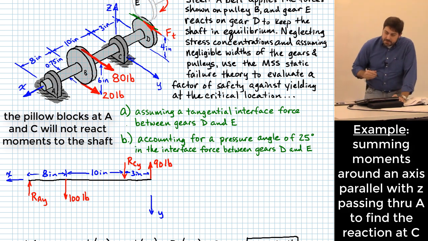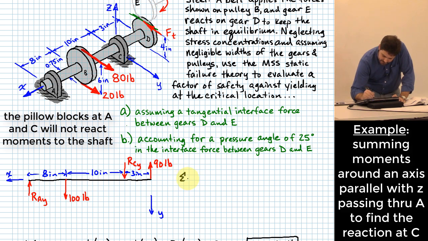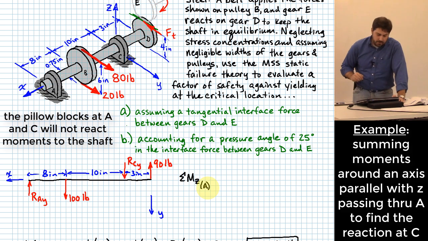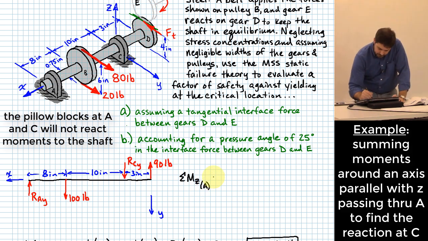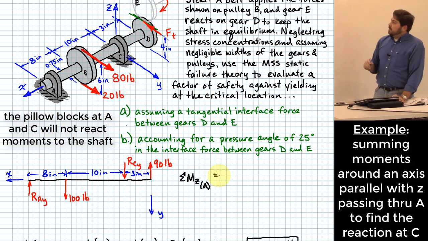I would sum moments first, right? What am I going to do by summing moments? Maybe some moments around A. This is actually moments around the Z passing through A, right? What do I have creating moments around A?